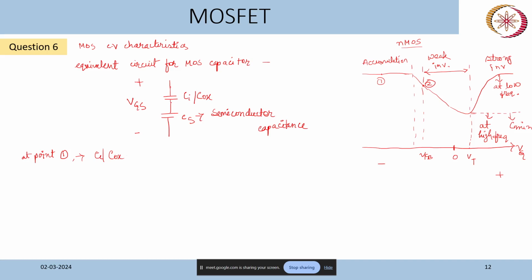Okay, at point 2 it is the flat band capacitance. Okay. And C minimum is the Ci by, okay, so this semiconductor capacitance has two parts.